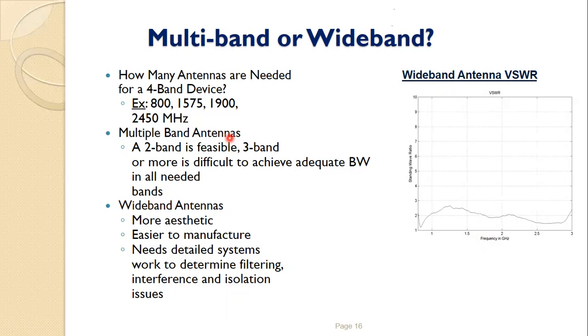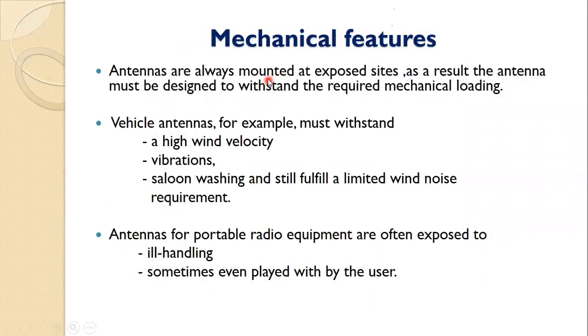Like that, when the antenna is communicating at different frequencies, we need antennas which can operate at different frequencies. Those antennas are called multiband antennas. What are the advantages of these wideband antennas? They are more aesthetic and easier to manufacture, but need detailed systems work to determine filtering, interference, and isolation issues. There are multiple issues related to wideband antennas which can be addressed.